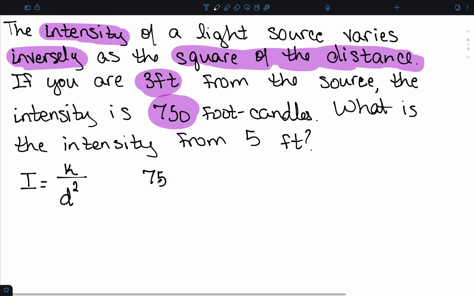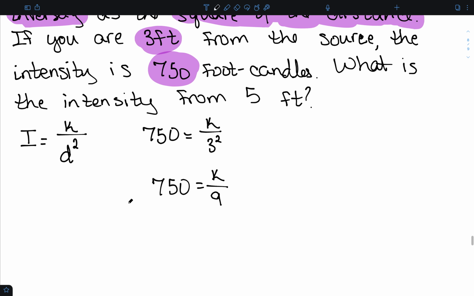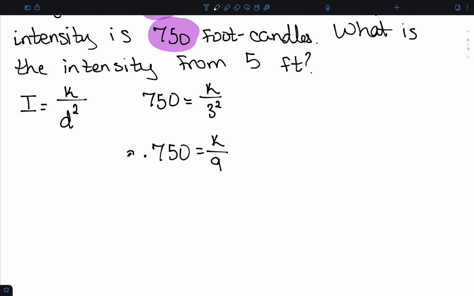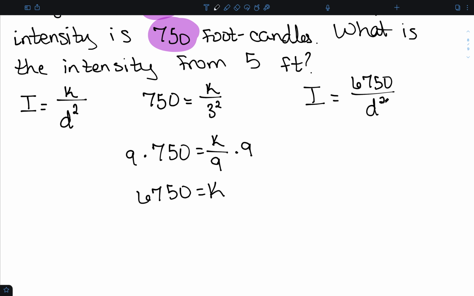So that means I is 750 whenever D is 3. Or 750 is equal to K over 9. I can then multiply both sides by 9, and that gives me 6,750 is equal to K. So I know that for this particular light, I is equal to 6,750 over D squared.